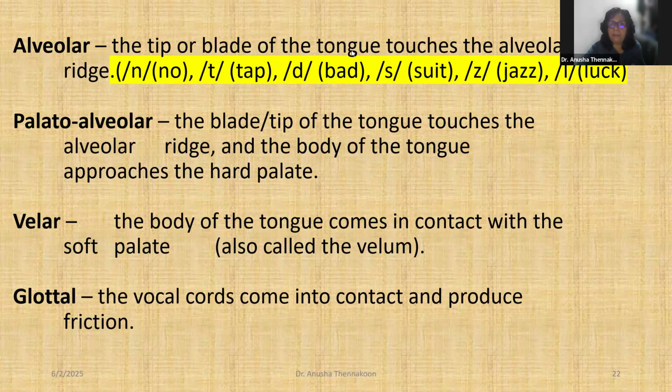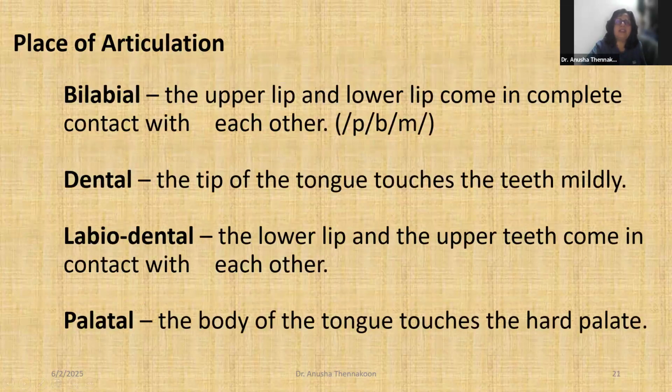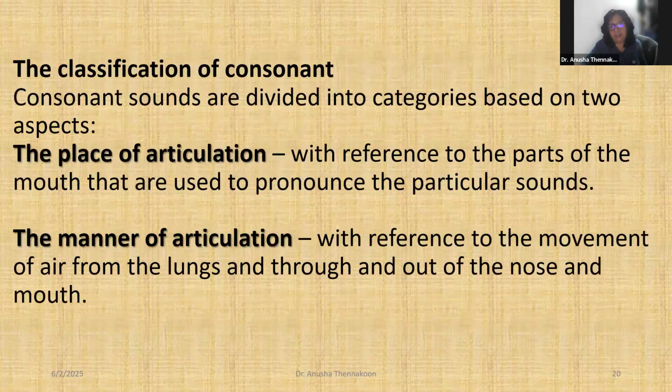The blade or tip of the tongue touches the alveolar ridge and the body of the tongue approaches the hard palate. Then velar. The body of the tongue comes in contact with the soft palate. And then glottal. The vocal cords come into contact and produce friction. Just like that, there are different consonant sounds according to the place of articulation.